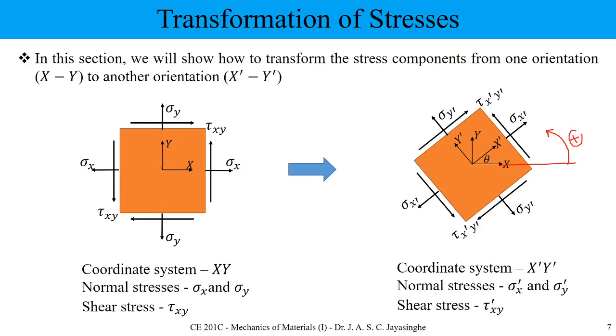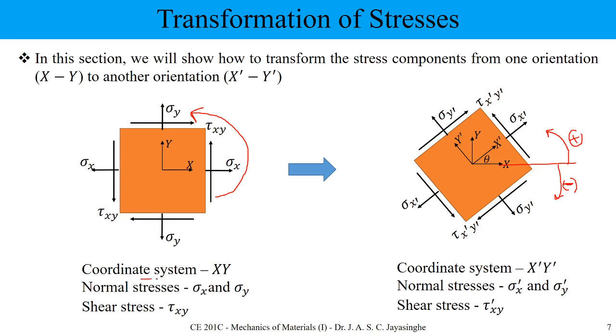So our element we are going to rotate in this direction, anti-clockwise, opposite to clockwise. This direction we take as positive, and anything in the other direction we consider as a negative angle.